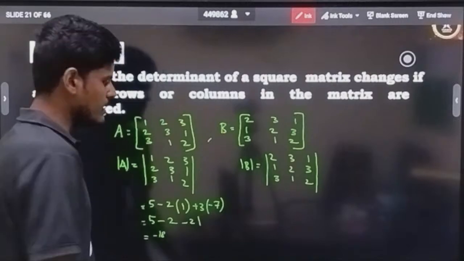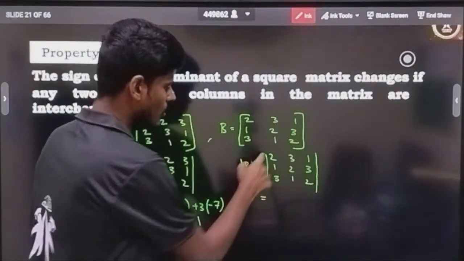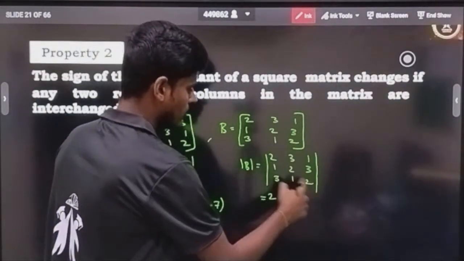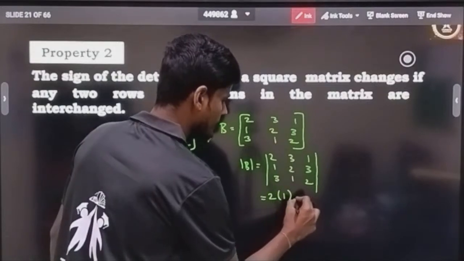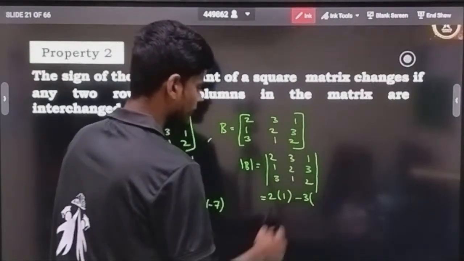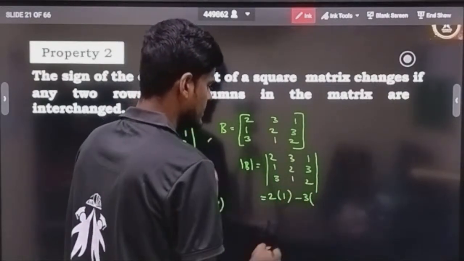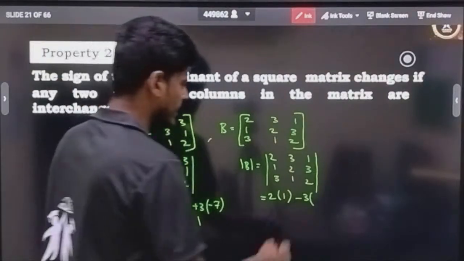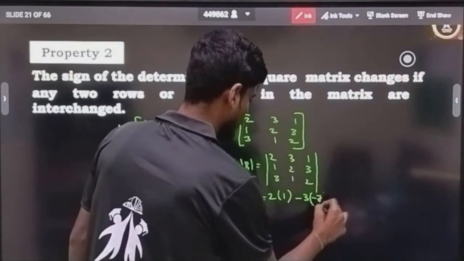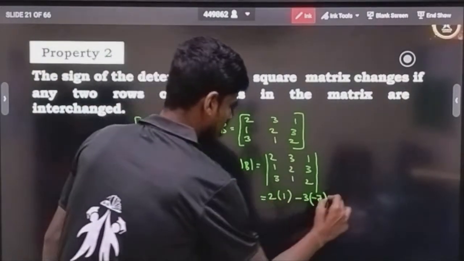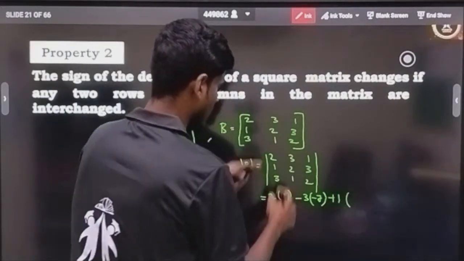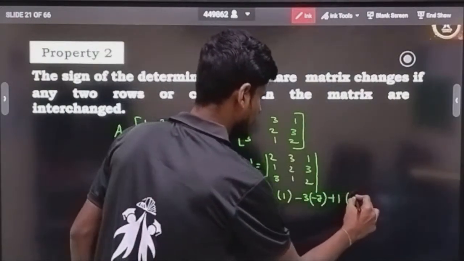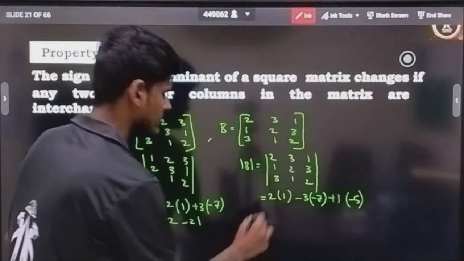What about the determinant B? This is equal to 2 into 4 minus 3, that is 1, minus 3 into 2 minus 9, 2 minus 9 is minus 7, plus 1 into 1 minus 6, that is minus 5. So what is final answer?